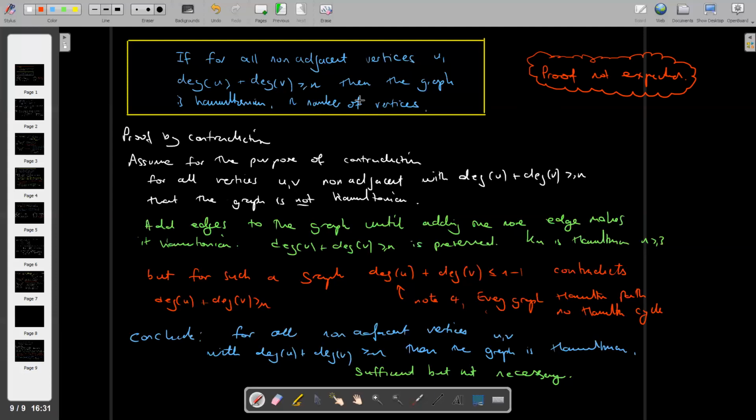I suppose if you've got enough edges, it makes sense that you are more likely to have a Hamiltonian cycle: the more edges you have in a graph compared to the vertices, the more it seems as though you would have one. And I guess this is putting some sort of bound on that. So hopefully that makes sense. I'm going to end the video here. This is not going to be on your exam, it just might prove interesting, hopefully.